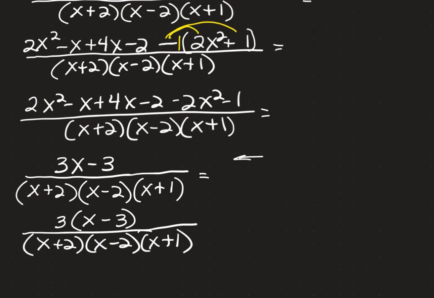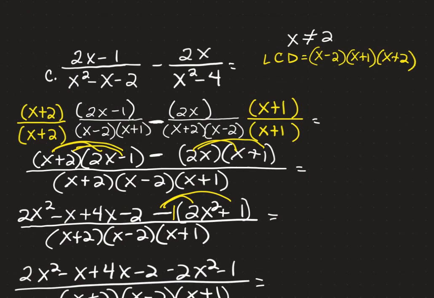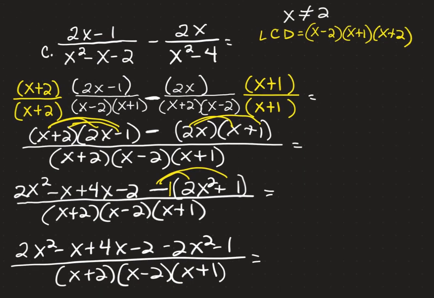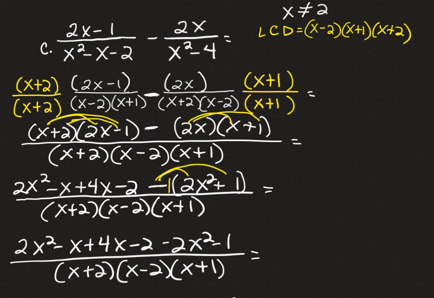But let's remember, if we're expressing that as our answer, we have to see if there are any values x cannot be. So going back to the beginning of the problem, we see that when we factored each of those denominators, we had x minus 2, x plus 1, x plus 2, x minus 2.